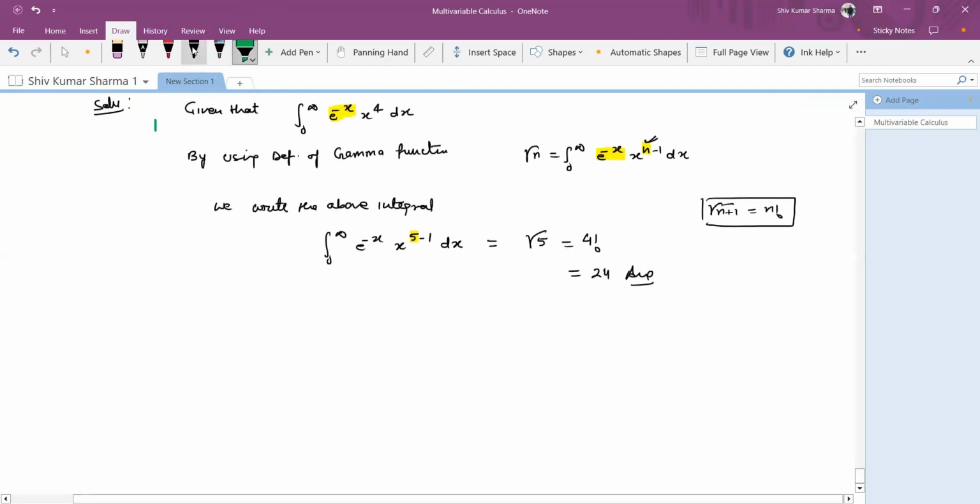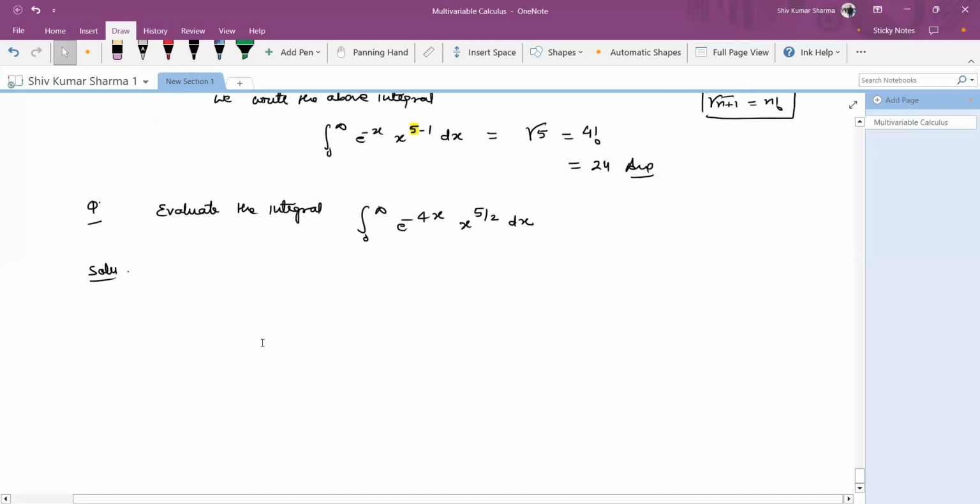And so question number 2: evaluate the integral 0 to infinity e raised to the power minus 4x, x raised to the power 5 by 2, into dx.